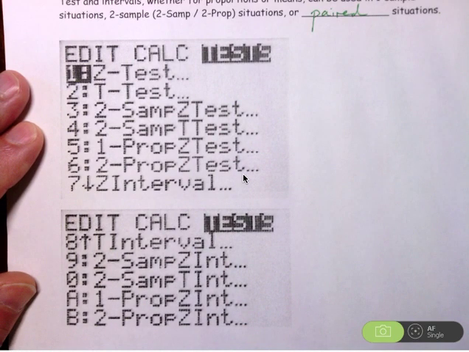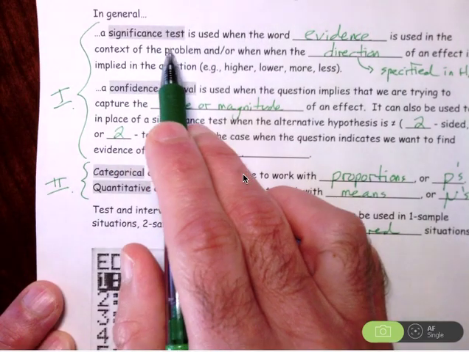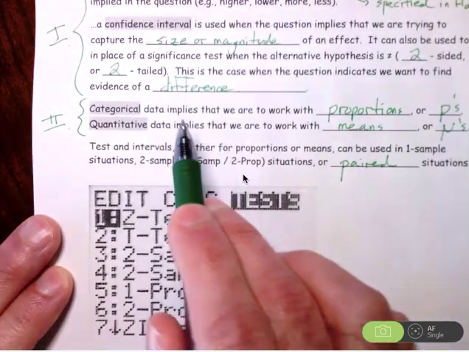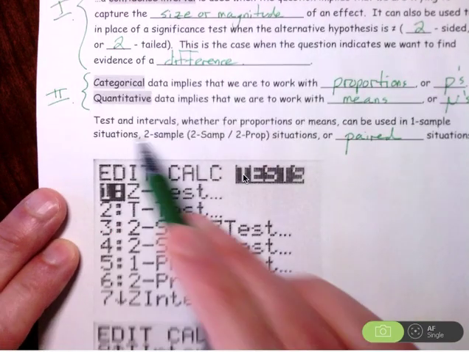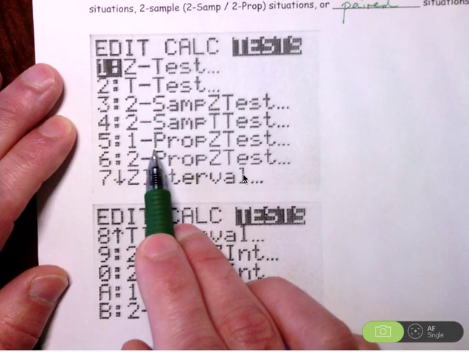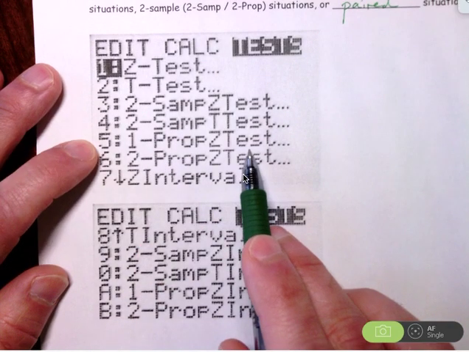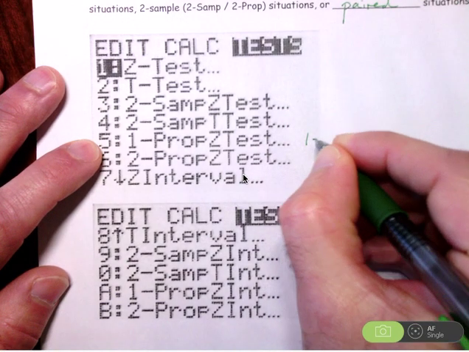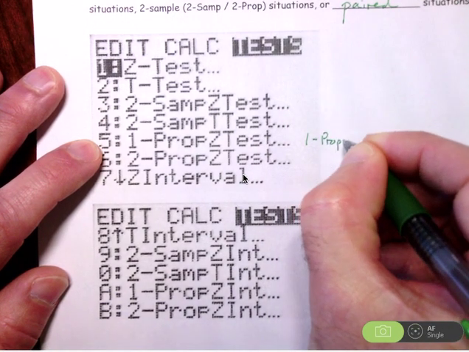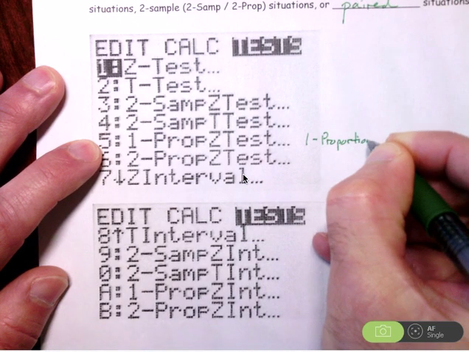So for instance, if you want to complete a one proportion z-test, so if you have a test that's working with categorical data and it is a one sample situation, that means you only have one proportion, you should be working with a one prop z test, I would write it out this way: one proportion z test.